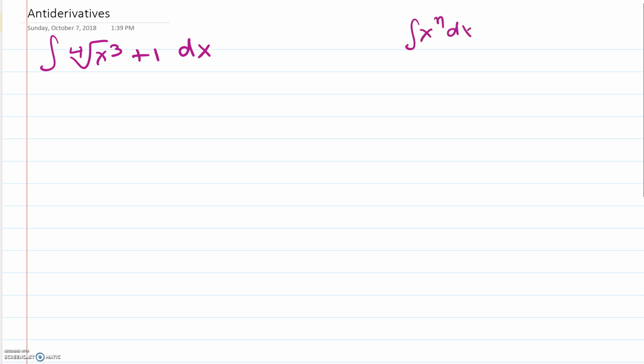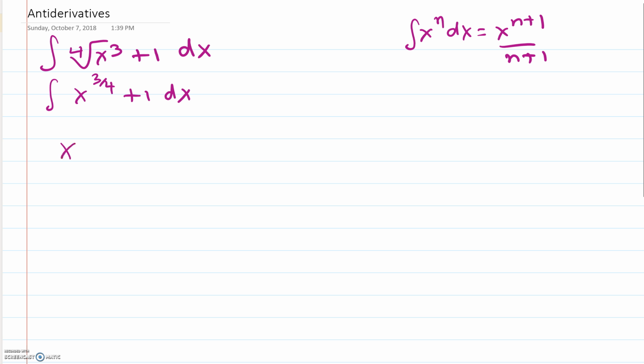Integral x power n dx is x power n plus 1 over n plus 1. So we want to rewrite this given problem as the power of x. So integral x to the 3 by 4 plus 1 dx. This will become, right, so ready to integrate.